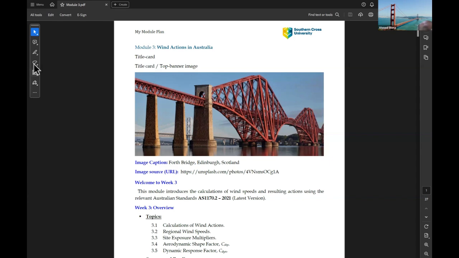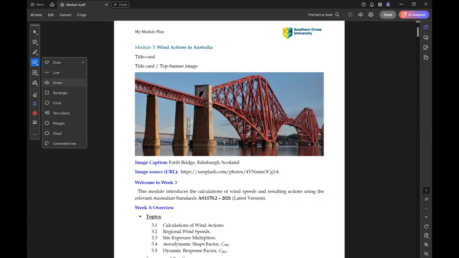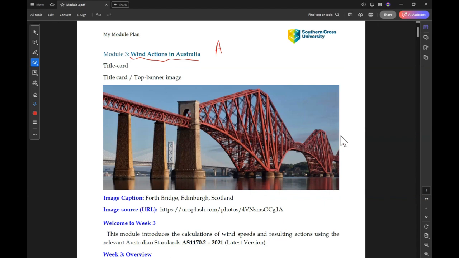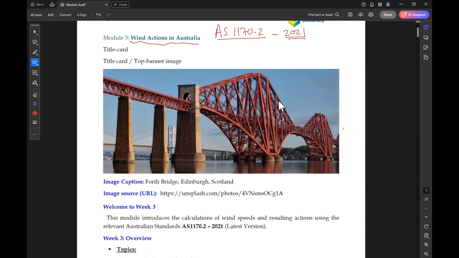As you know, the wind actions in Australia are covered by the Australian Standard 1170.2, and the latest version of the Australian Standard is 2021.